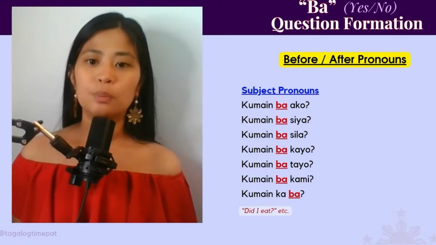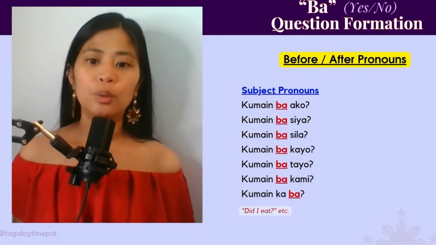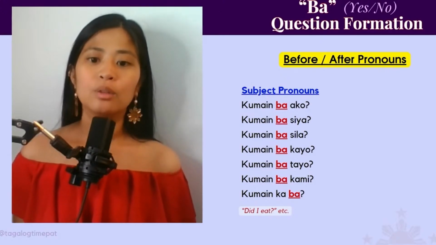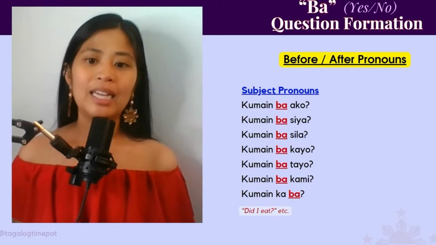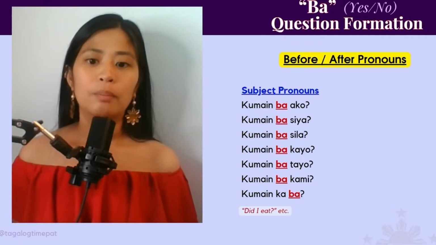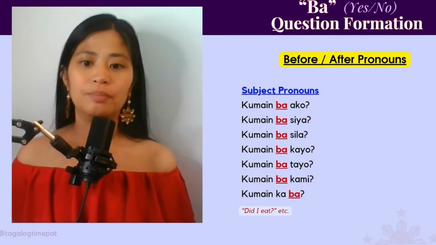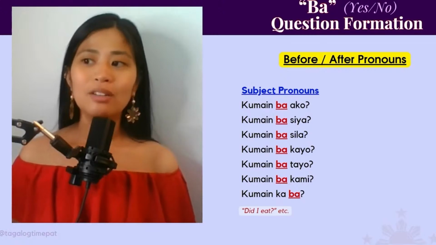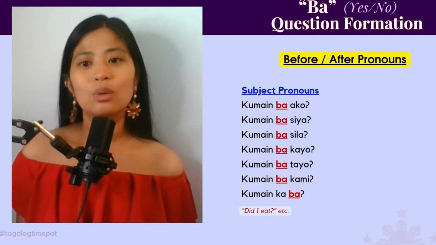But take a look at this pronoun. Kumakain ka ba? Ka. When you are using the singular you, ka, ba goes after that. And that's the only pronoun in the subject pronouns when ba would go after it. And I haven't found a rhyme or reason why this happens.